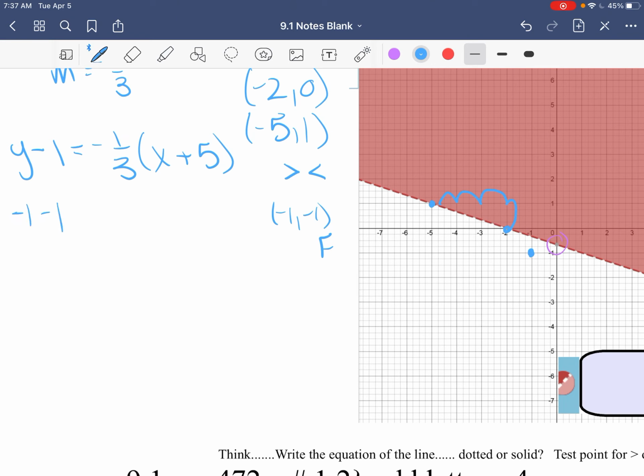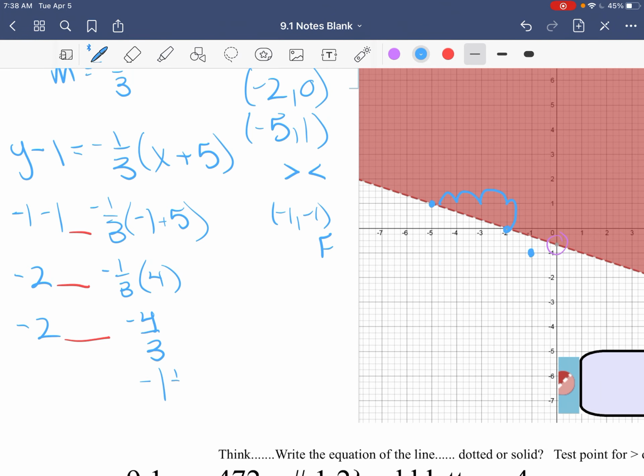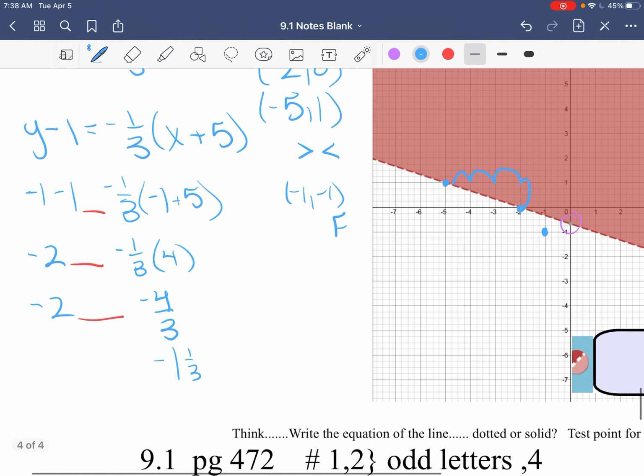If I plug those in, -1 minus 1 equals -1/3. I guess not equals, we're going to decide. -1 plus 5, so -2, we've kind of got our blank something. -1/3 times 4. -2 is something compared to -4/3. Remember, -4/3 is -1 and a third.